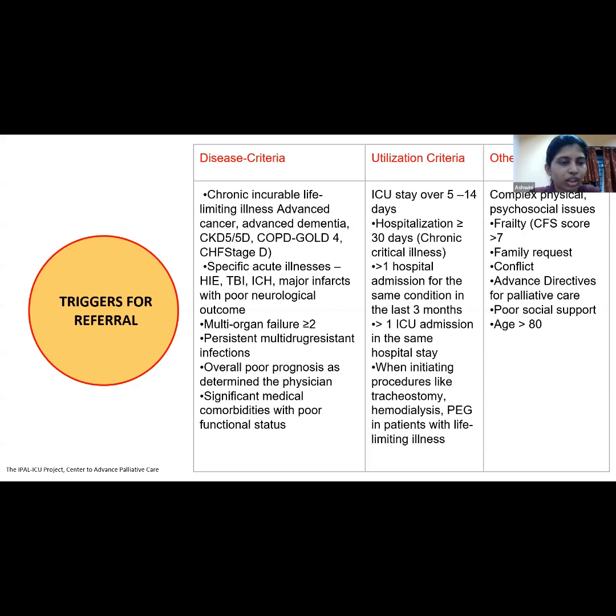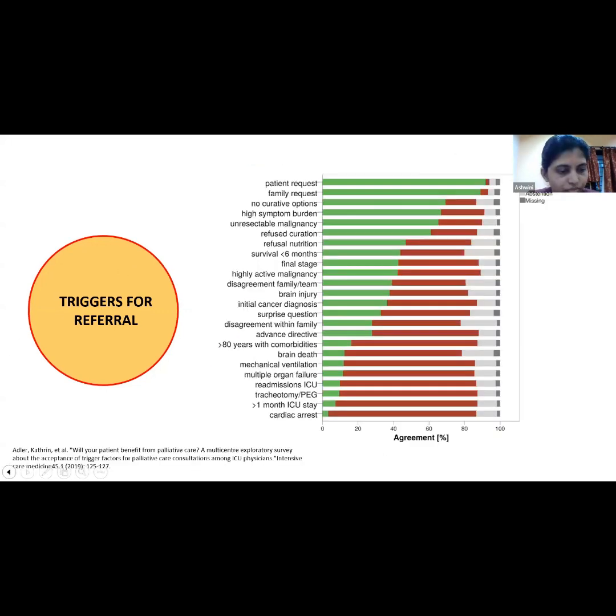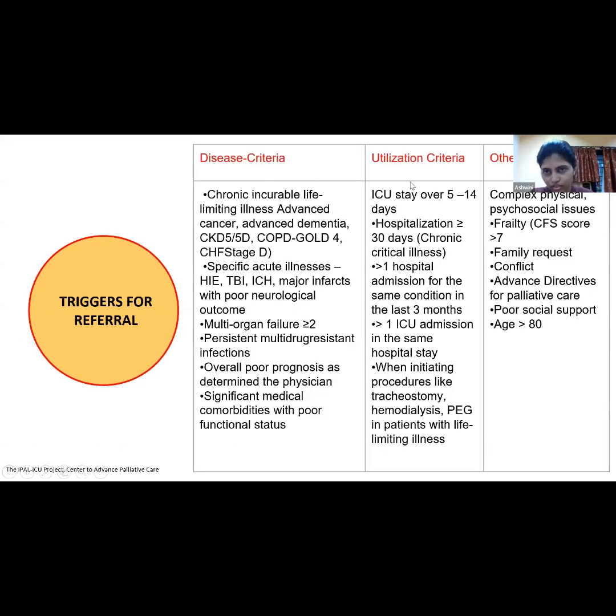Coming to the IPAL-ICU project, Center to Advance Palliative Care, there are 3 types of triggers for referral: disease criteria, utilization criteria, and other criteria.